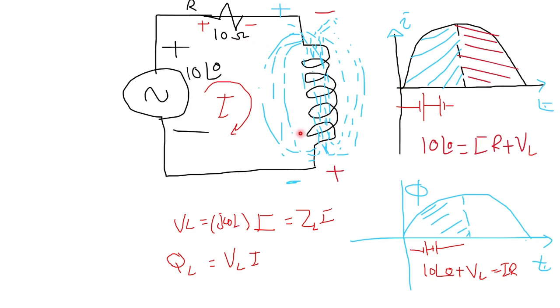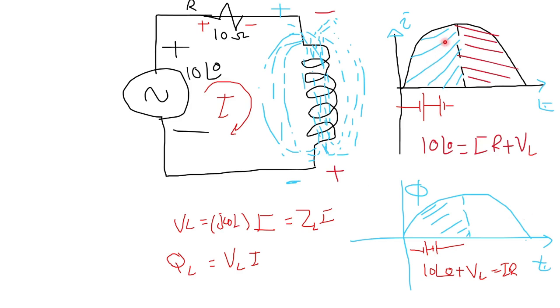It opposes the flow of the current. Or to be precise, it opposes the rate of change of the current. In the first quarter, the rate of change is positive, so the EMF generated on the terminals of the coil represents a voltage drop, opposes the increment of the current.